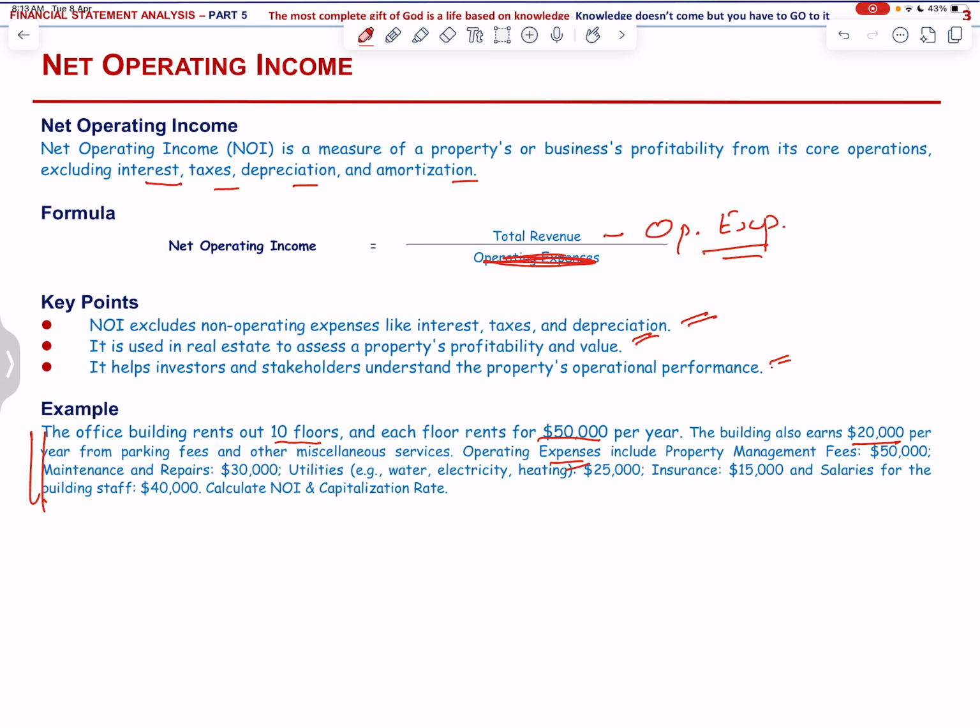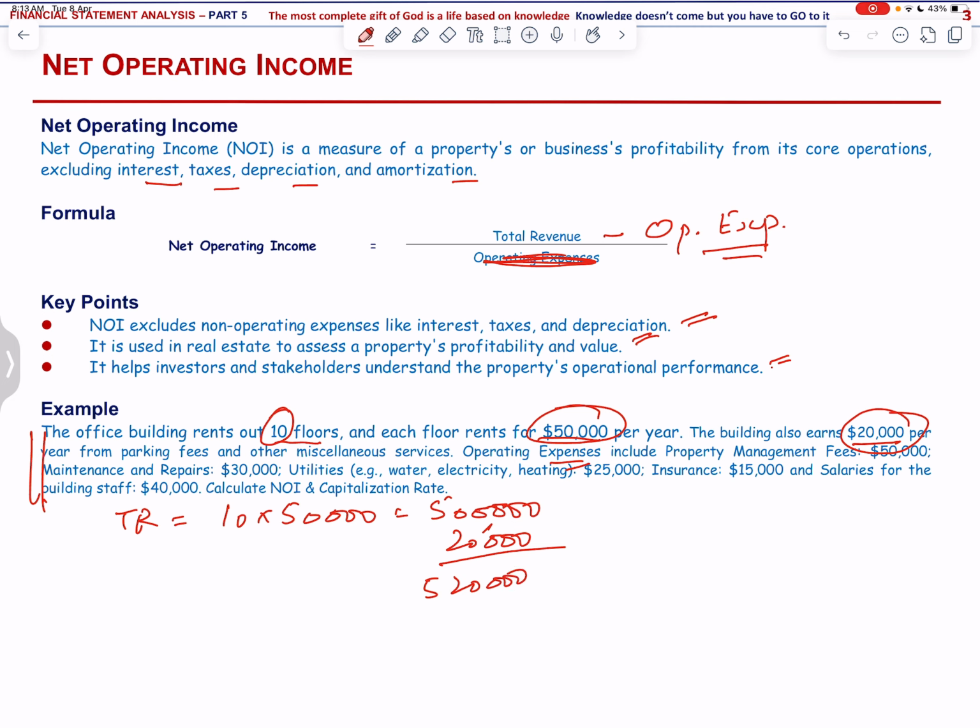So to determine the net operating income, first we are going to determine the total revenue, and that is 10 times 50,000, because that is the rent from each floor, that makes 500,000, and then there is an additional 20,000. So the total revenue is 520,000.